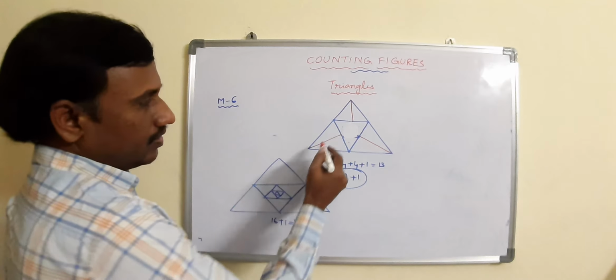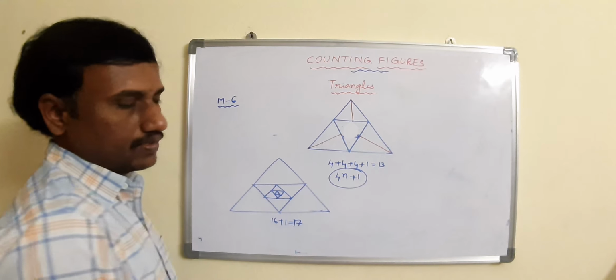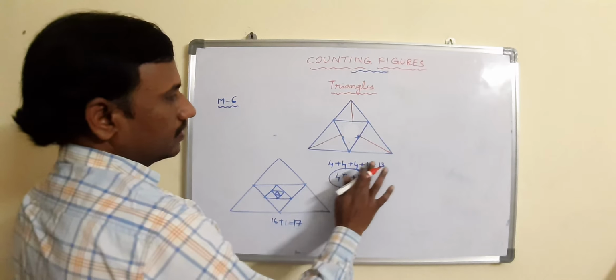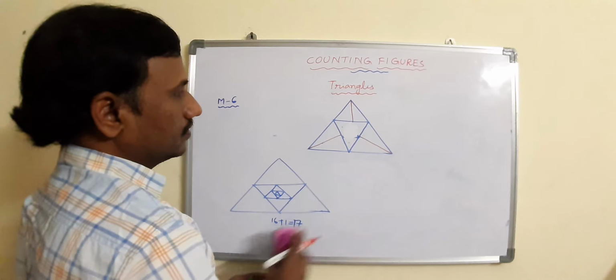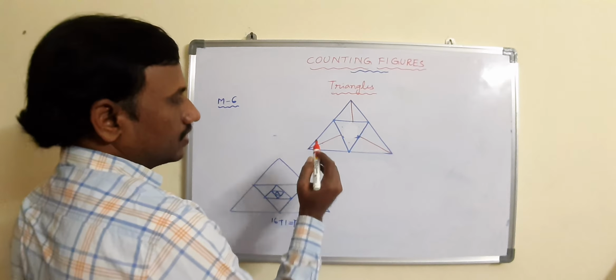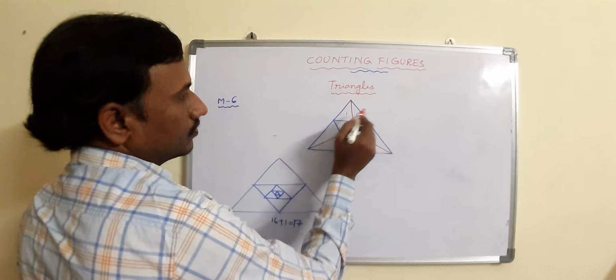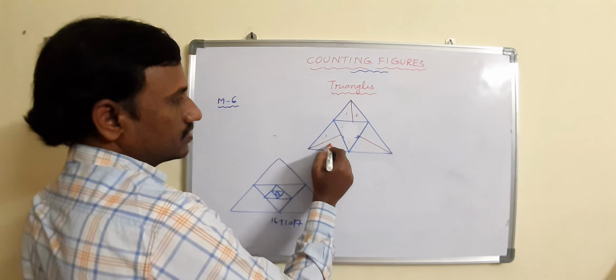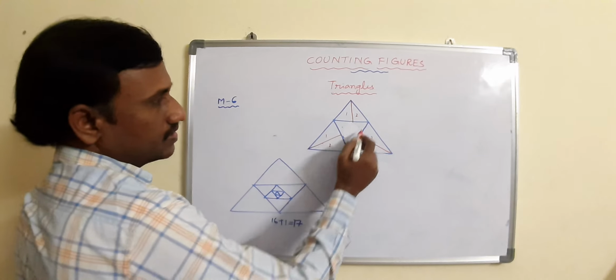Before drawing these lines, in total how many triangles are we having? 5. Before drawing this we are having a total of 5 triangles. And because of this partition, what are the extra triangles we are having? Just count here: 1, 2. Then because of this also 2. Because of this line also again 2. Why? Because this one is already counted.